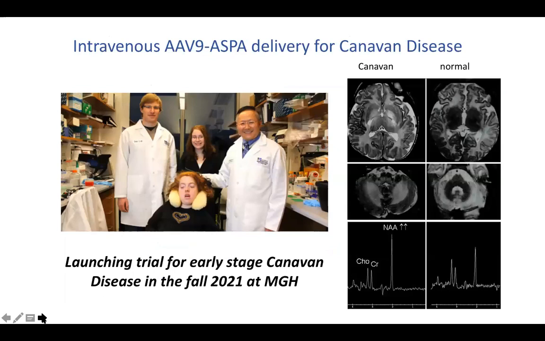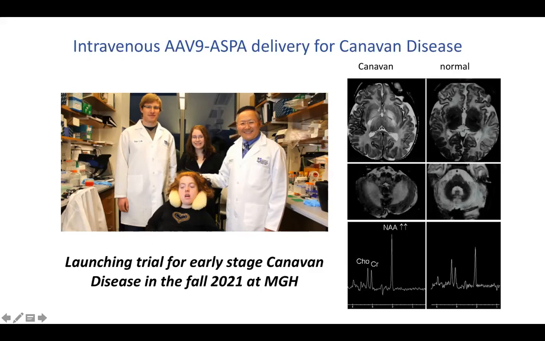So this is obviously generating a lot of excitement, and we're about to also launch an intravenous AAV9 gene therapy for Canavan disease, building on the wonderful work of Guangping Gao at UMass. And this is here treating, again, children early in the stage of the disease, within the first 2 years of their life, and trying really to get ahead of the disease that often starts very early and affects not only white matter, but deep basal ganglia structures.